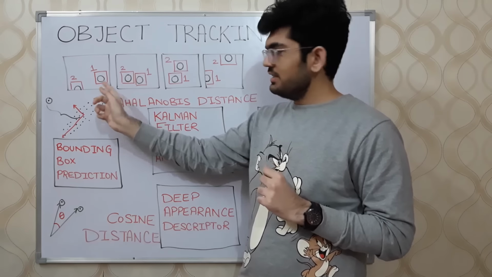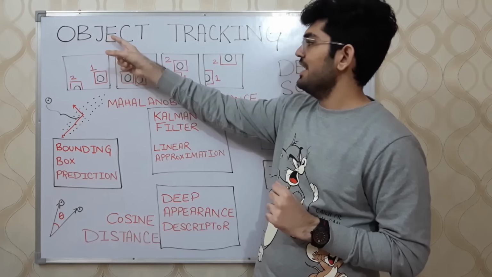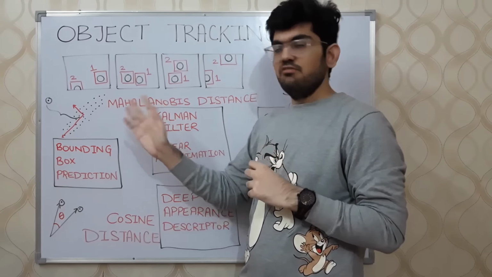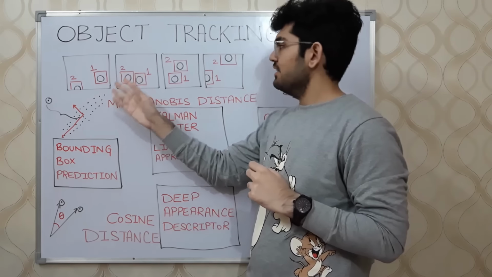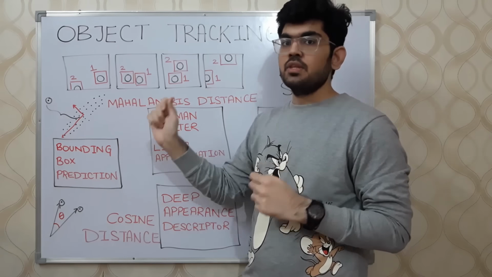It is this round object that is going in the horizontal direction and one object that is going in the vertical direction. In object tracking, we are not only detecting where the objects are present in this image, but we are also tracking where the objects with IDs 1 and 2 are going. So this is the whole problem of object tracking.